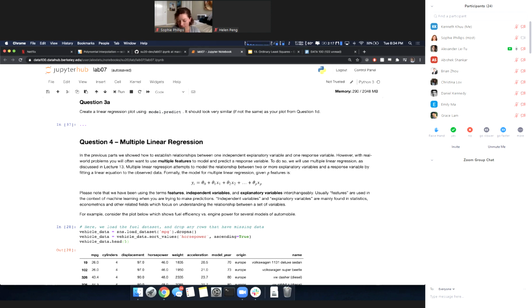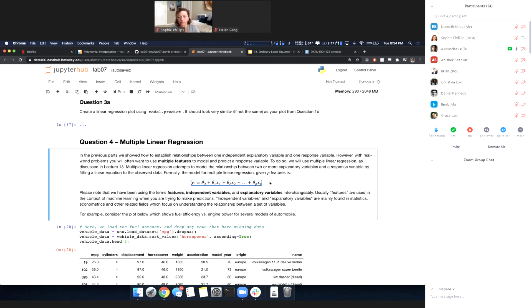So rather than having something of the form y equals mx plus b, we're going to have multiple independent variables. In this class, we're going to be using features, independent variables, and explanatory variables interchangeably. This is the case where we have more than one x value for a single data point.